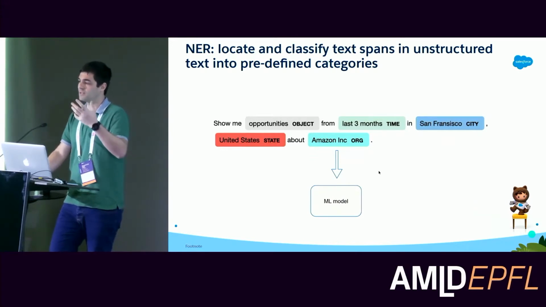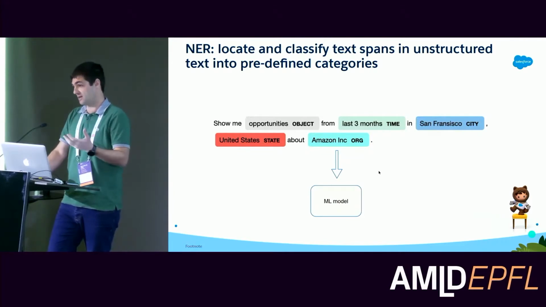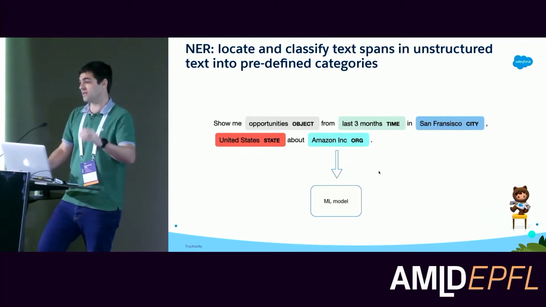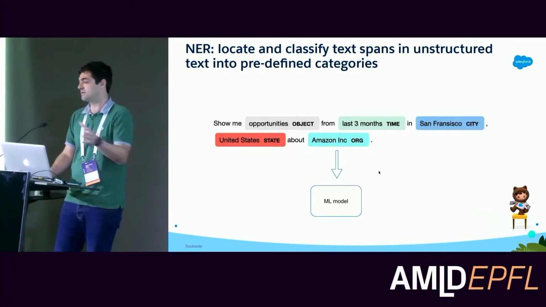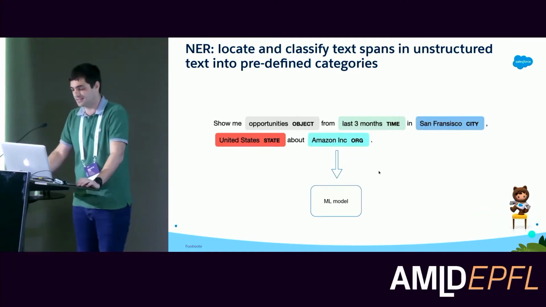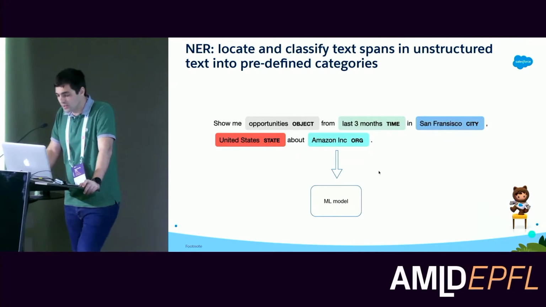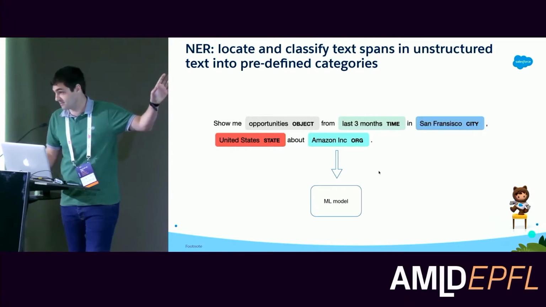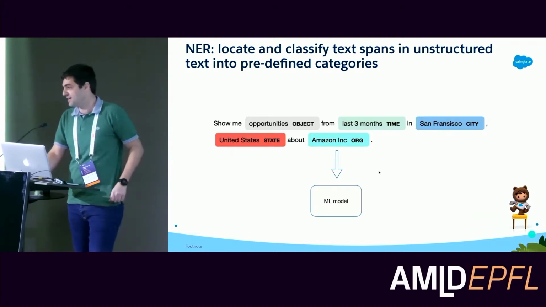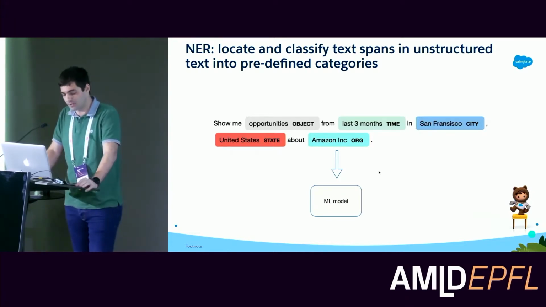Users upload content, and this is organized in opportunities, accounts, cases. And opportunities, when you try to reach an agreement to sell a product, start from new, and then as discussions proceed, go through different stages. So: many opportunities for last 3 months in San Francisco, United States, about Amazon Inc. There is a typo here. United States is supposed to be a country, not a state, and apologies for this.